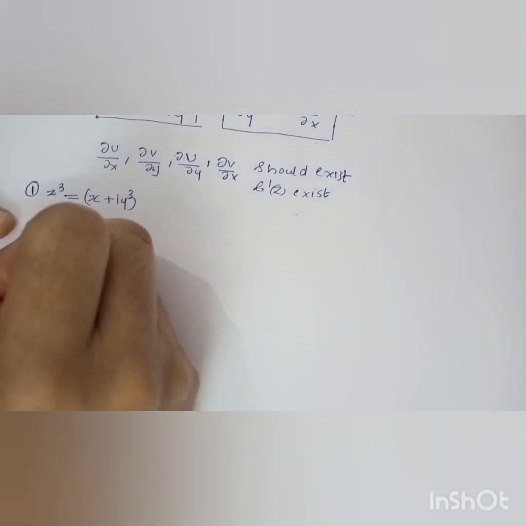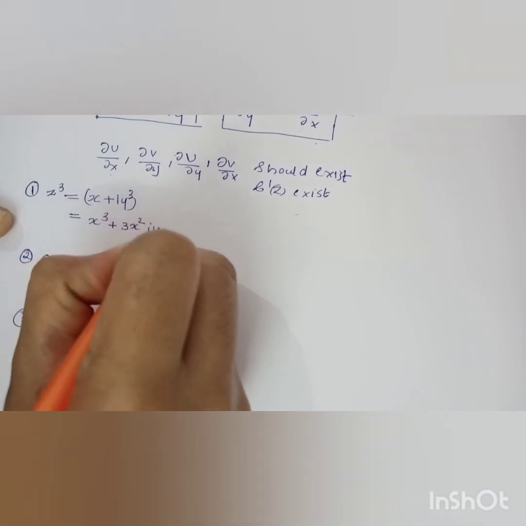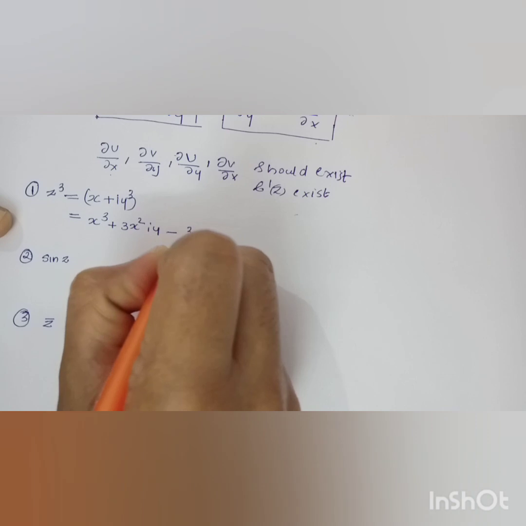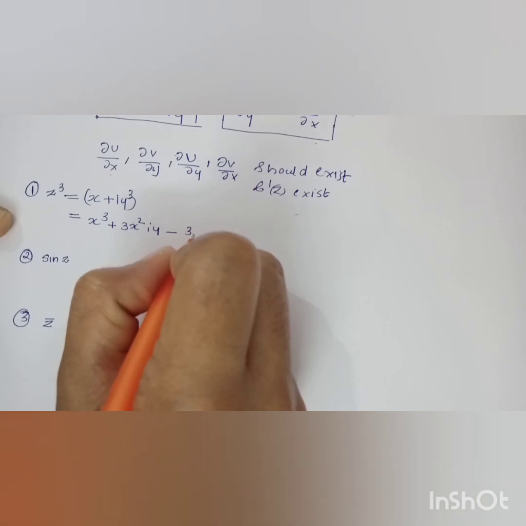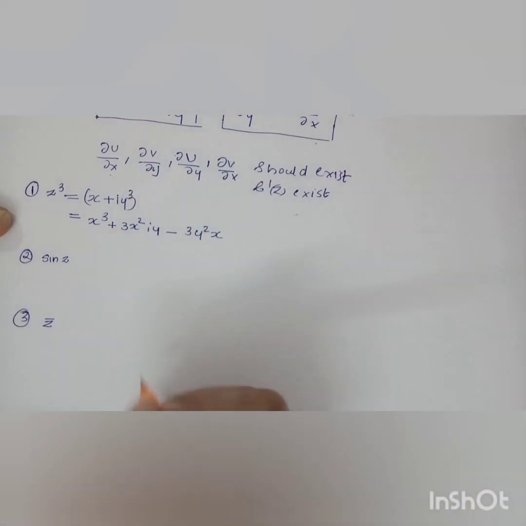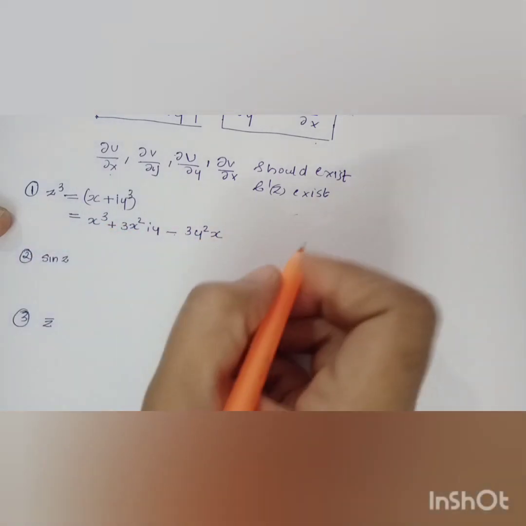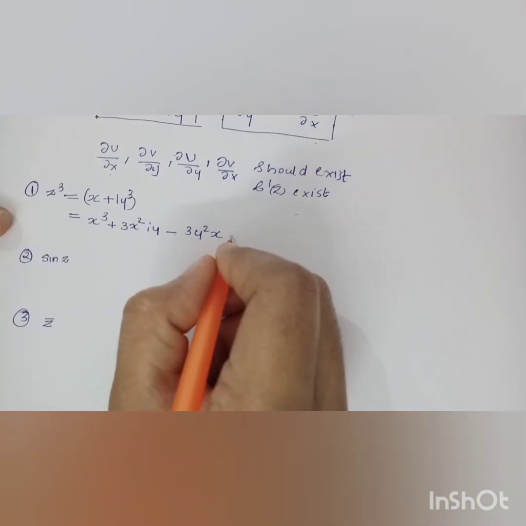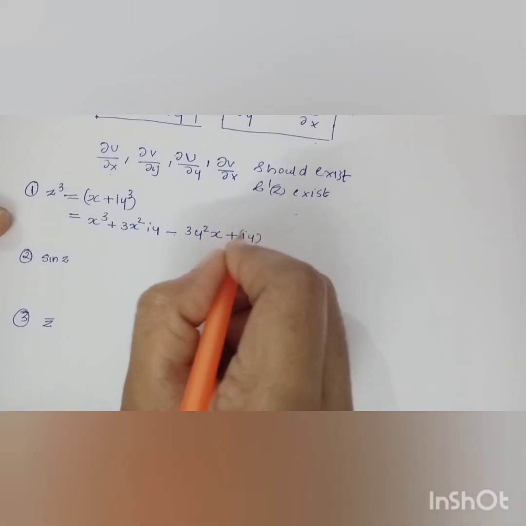So x plus iy whole cube is x cube plus 3x square iy minus 3y square x, since i square is minus 1, and then iy all cube, which is minus i y cube, since i cube is minus i.